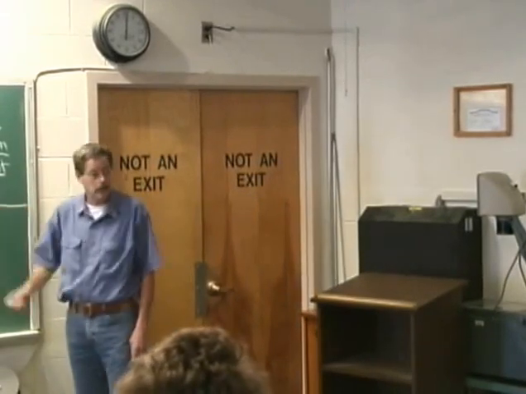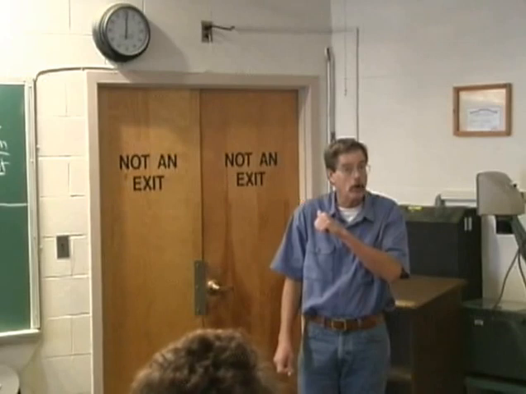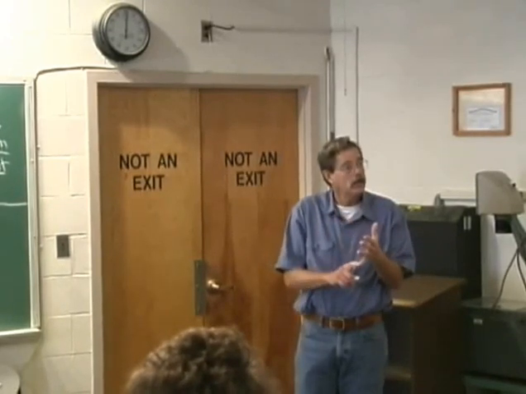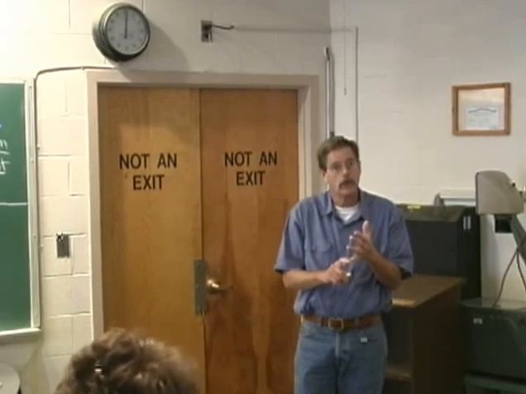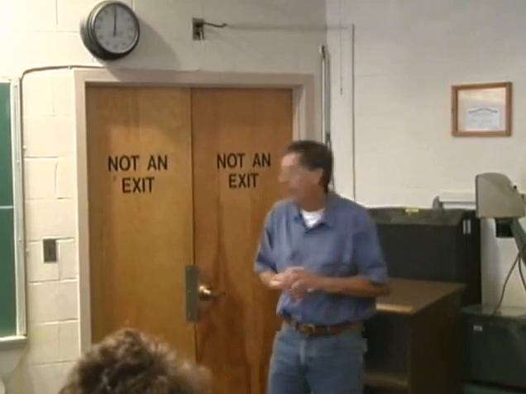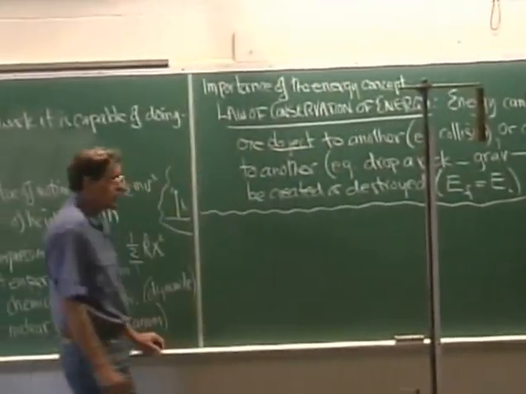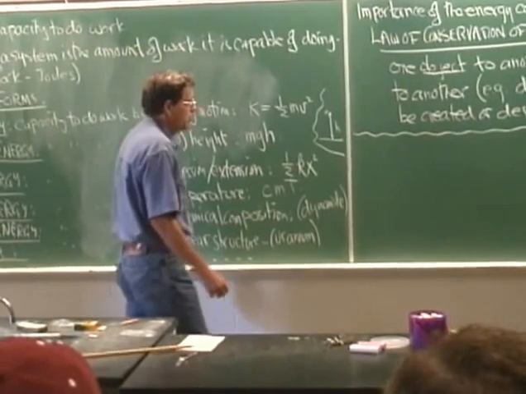Today, I'm just going to give examples of conservation of energy to show you what's very important. Conservation of energy is almost always the fastest way. It doesn't always give the whole answer, but it's fantastically powerful.